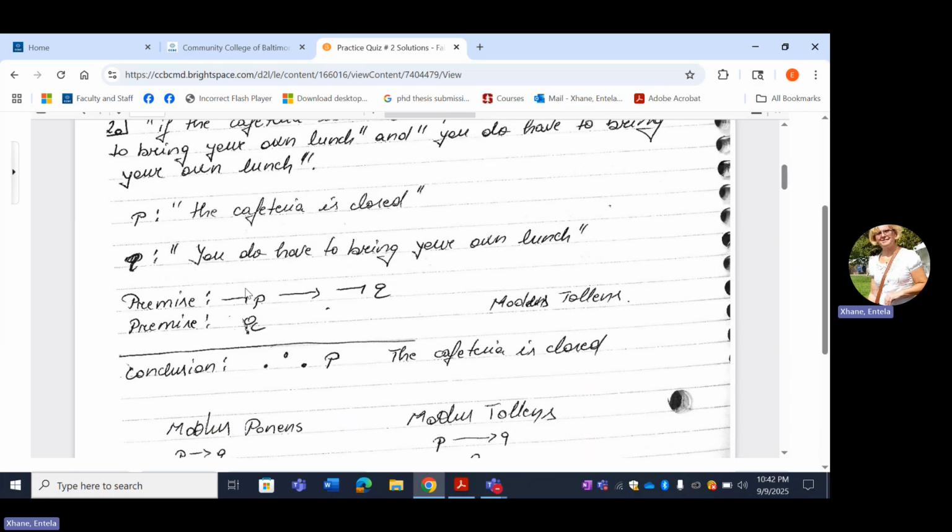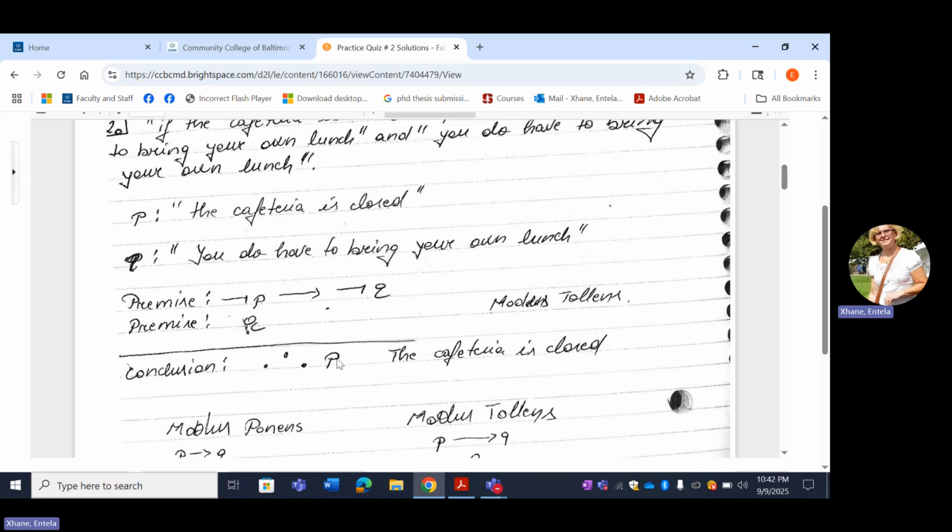To make sure to write this in exactly the same way as the rule is given, I'm going to call this not P an S, and I'm calling this not Q a W. So this Q is the negation of not Q, which is our statement not W. Now I have exactly the way that modus tollens is given: S implies W, and not W. So the conclusion should be not S.